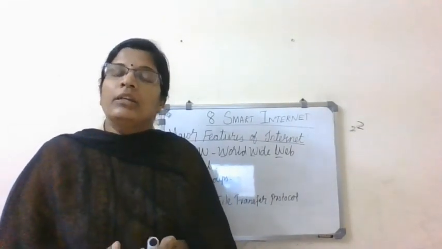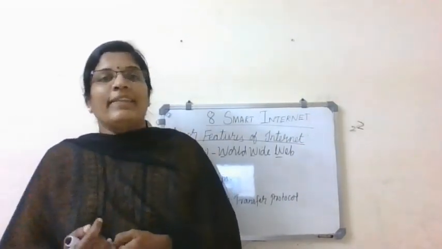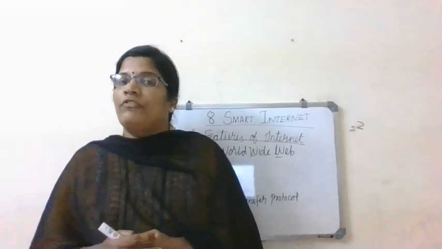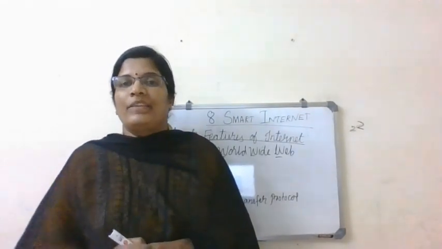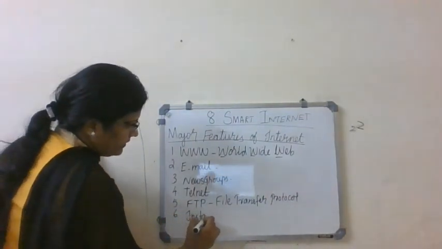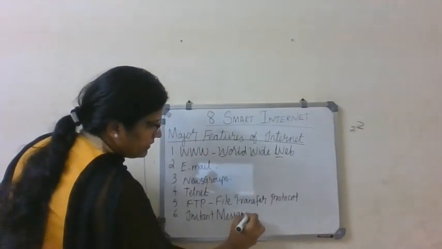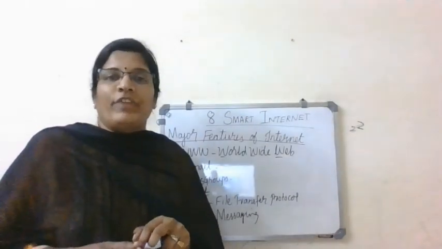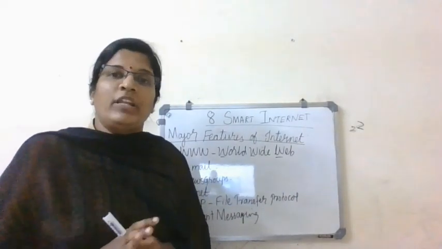It may be a single chat, a group chat or a video call, anything. It is one of the most important features of the internet in day-to-day life now. There are so many features of the internet. I have listed out very few only.